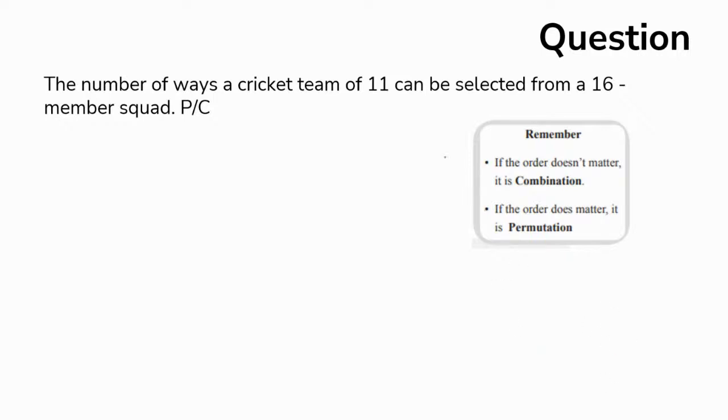The number of ways a cricket team of 11 members is to be selected out of 16 members. They are saying it as selected, so selection means obviously it is a combination process.